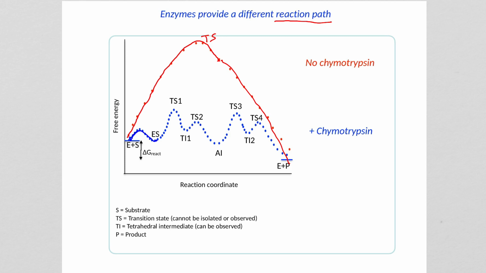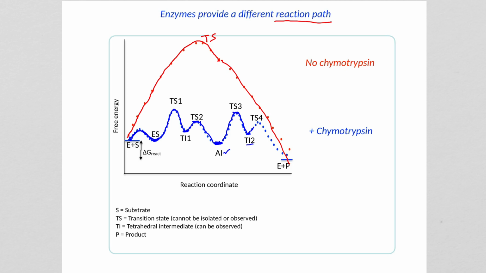The enzyme reacts with the substrate, forms an ES complex, and then there is a transition state form, and then there's an intermediate form, another transition state, TS2, in the case of chymotrypsin, and then another intermediate form called the acyl intermediate or AI, and then another transition state, TS3, is crossed before we form another intermediate, Ti2.